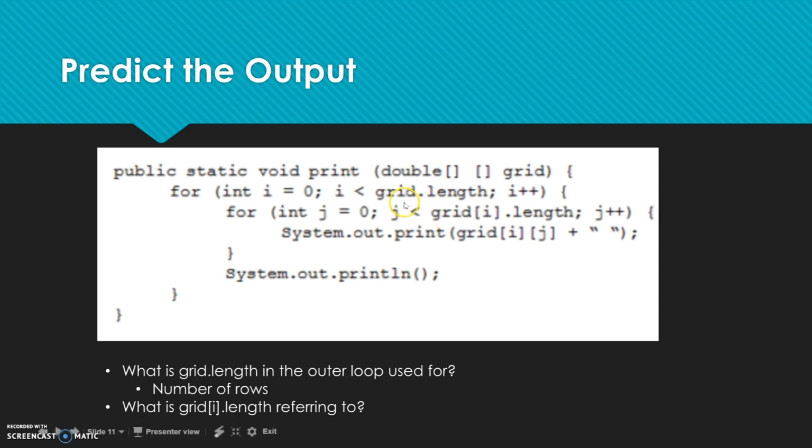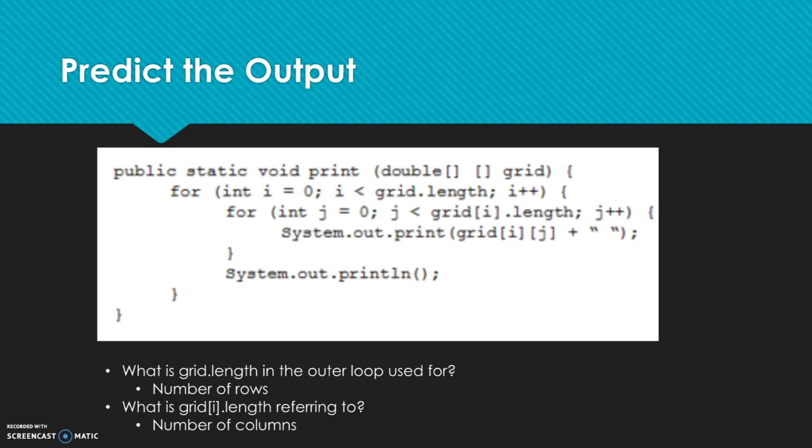If the index in the outer loop is rows, what is grid[i].length? Hopefully you came up with the number of columns. This is printing the number of columns in the inner loop and the number of rows in the outer loop.